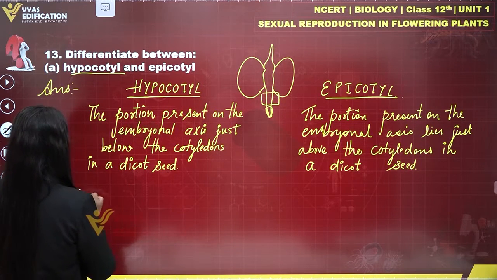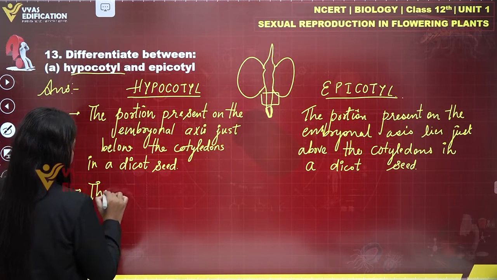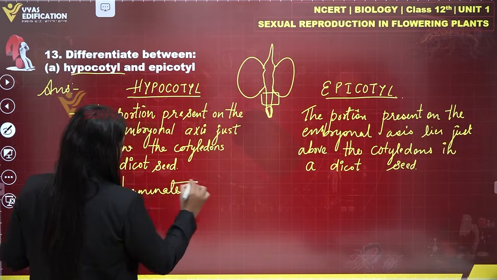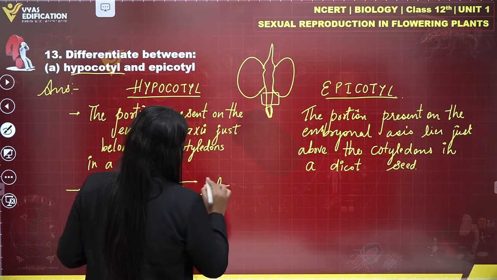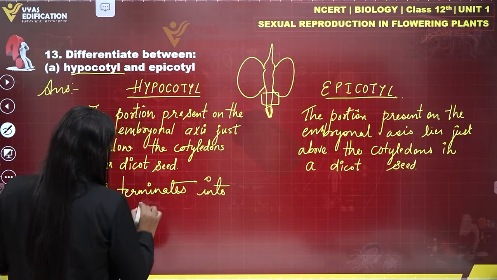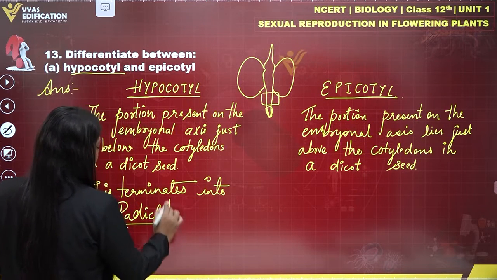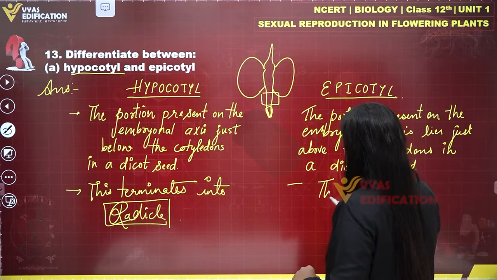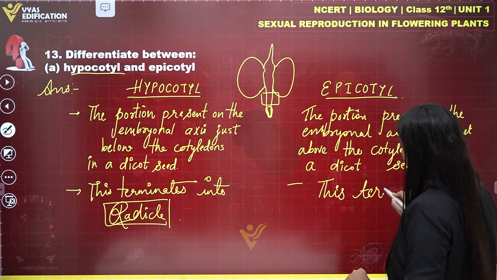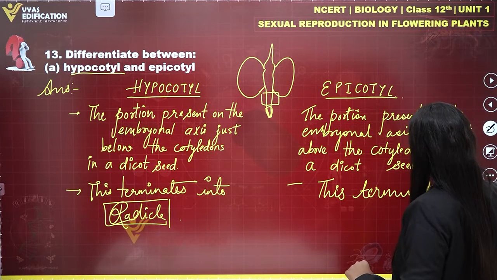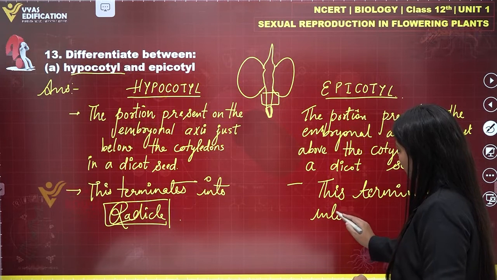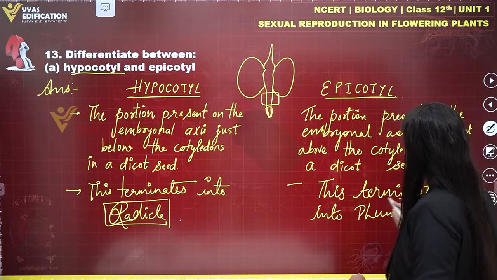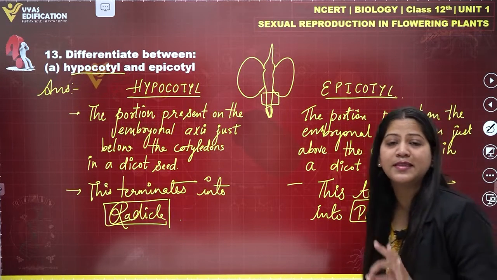Alright, so this hypocotyle terminates into radicle, which will give rise to the root system of a plant, and this epicotyle terminates into the region known as plumule, and this plumule is going to give rise to the shoot system of the plant.